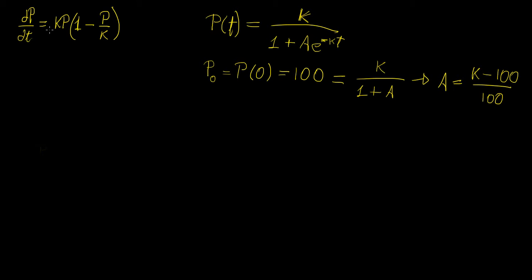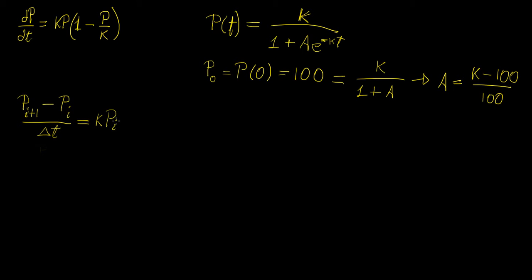If we want to get the numerical finite difference equation using the Euler method, what we need to do is replace the first derivative by a finite difference approximation. We're going to use the forward difference approximation, the same one that we used in the last video. So we get p of i plus 1 minus p i over delta t equals k.